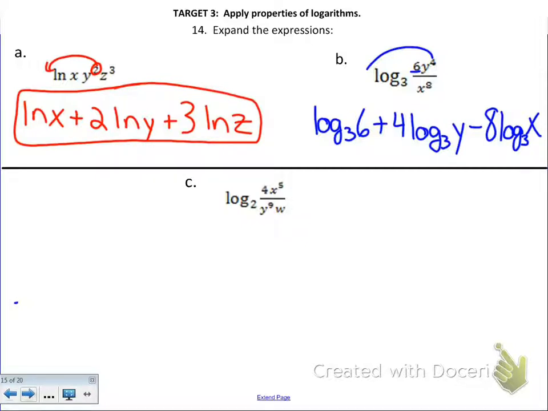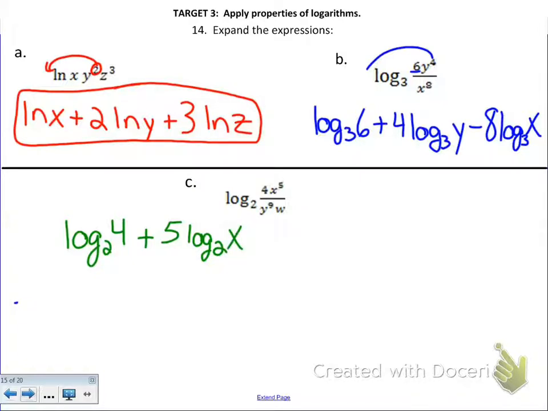Okay, for letter C here, we have even more going on. We got lots of stuff here. So we have log base 2 of 4 from the top plus 5 log base 2 of x.